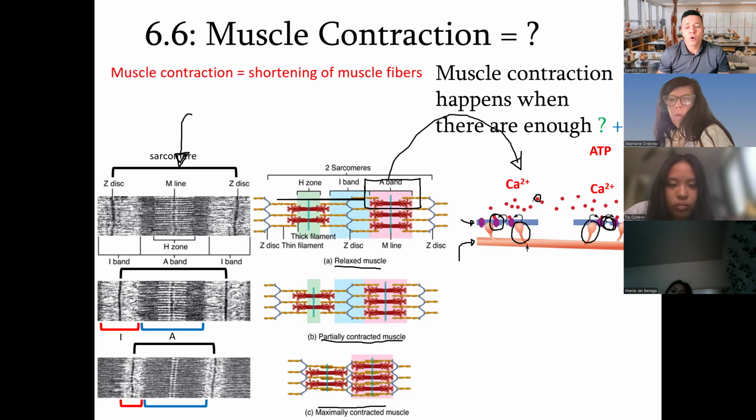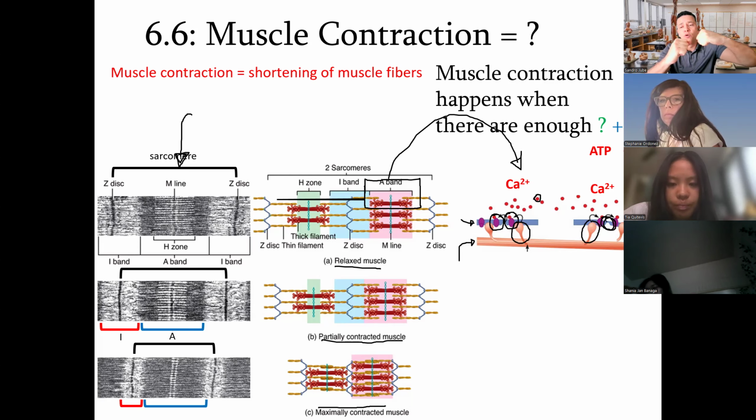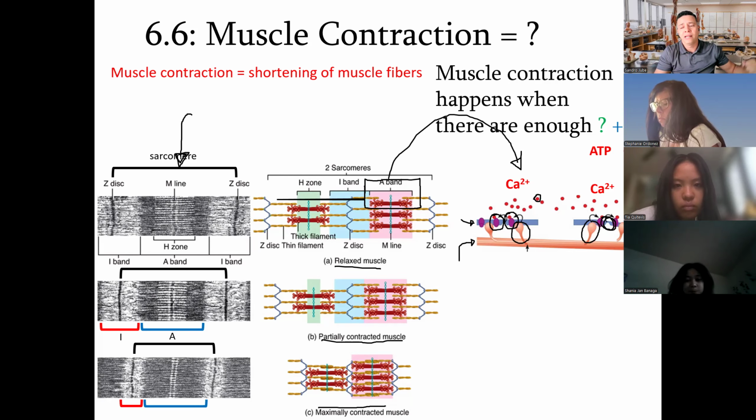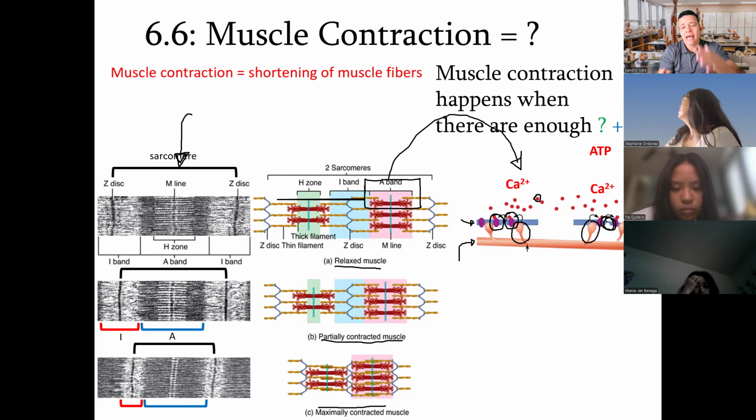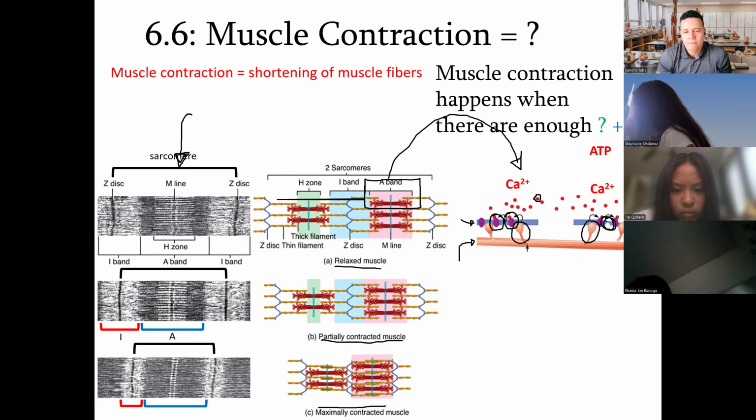The calcium is going to bind to the regulatory protein, as we see right here in the little cartoon. And once the calcium binds to the regulatory protein, it will remove the regulatory protein out of the way, allowing what to happen? Allowing the myosin head to stick into the myosin binding site and interact with the thin filament.